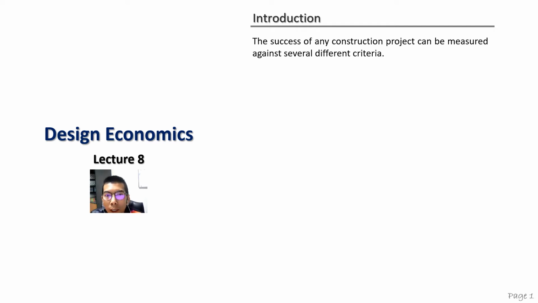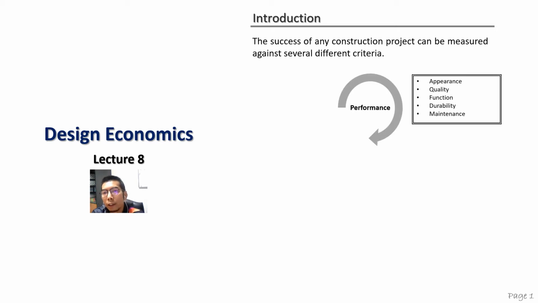Basically, the success of any construction project can be measured against several different criteria, which can be summarized into three. The first one is performance. It is the first criterion to determine whether your project can become successful or not.